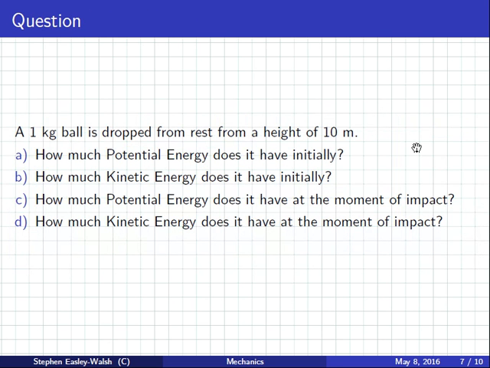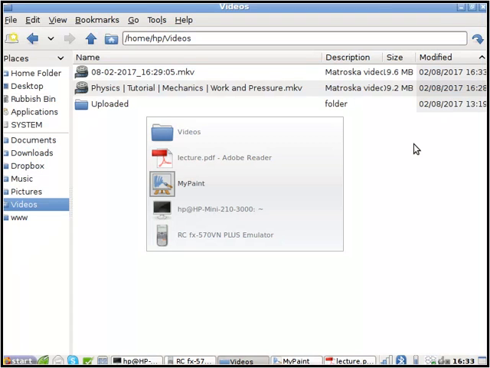A 1 kilogram ball is dropped from rest from a height of 10 meters. What is its potential energy? Let's do this one together. Here's the ball, 10 meters high, and it's 1 kilogram.